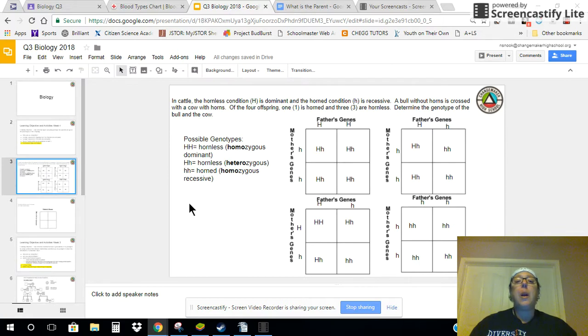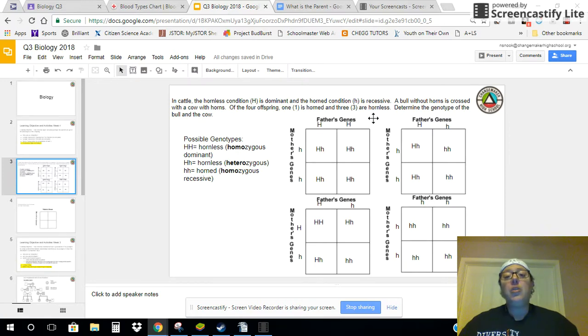And of the four possible offspring, which they should have put in the word possible here, because a Punnett square represents 100%, not for children, not for offspring, but 100% of the offspring. So each square is a quarter, or 25%. One is horned and 3 are hornless.